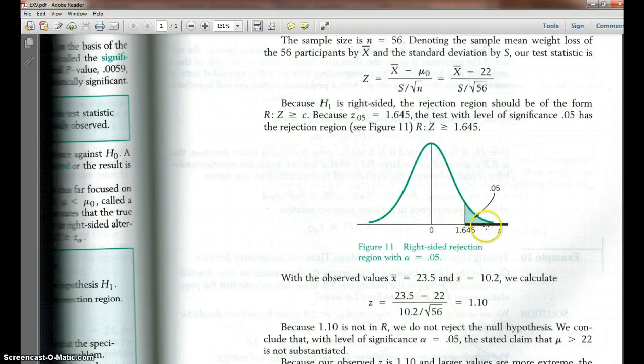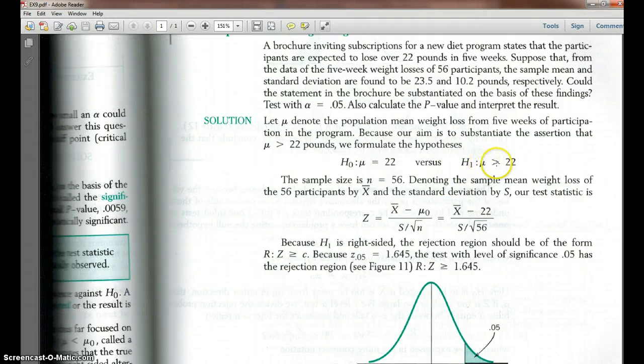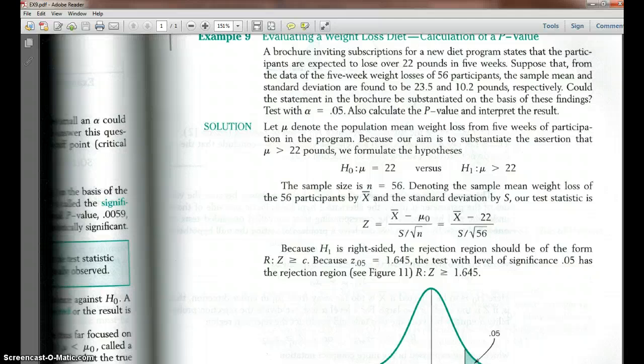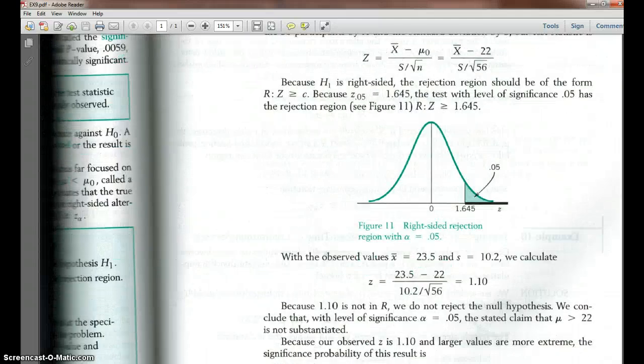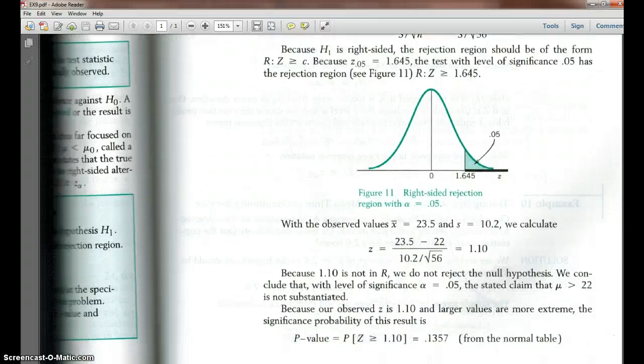It is actually on the left side of 1.645. So in this case, we cannot support the alternative claim mu is greater than 22, and we will say we reject the alternative claim.